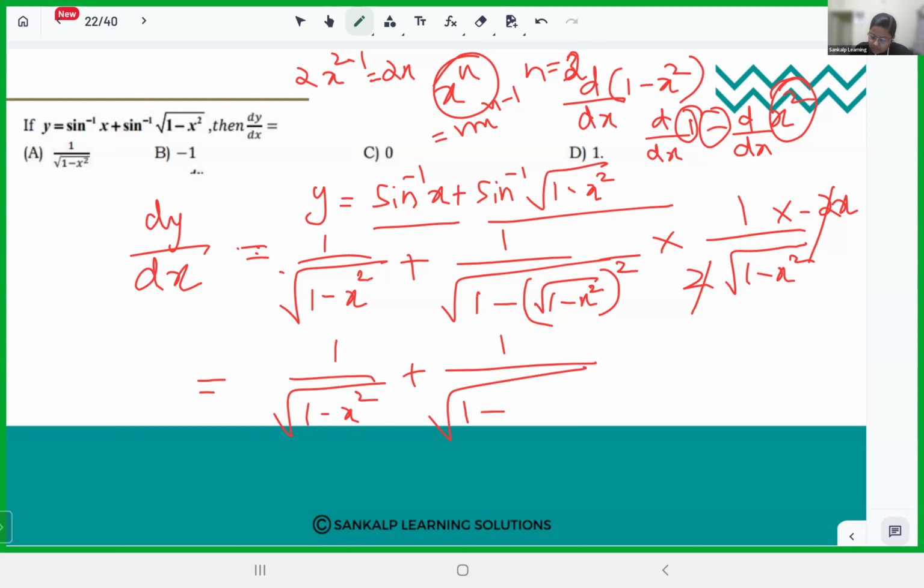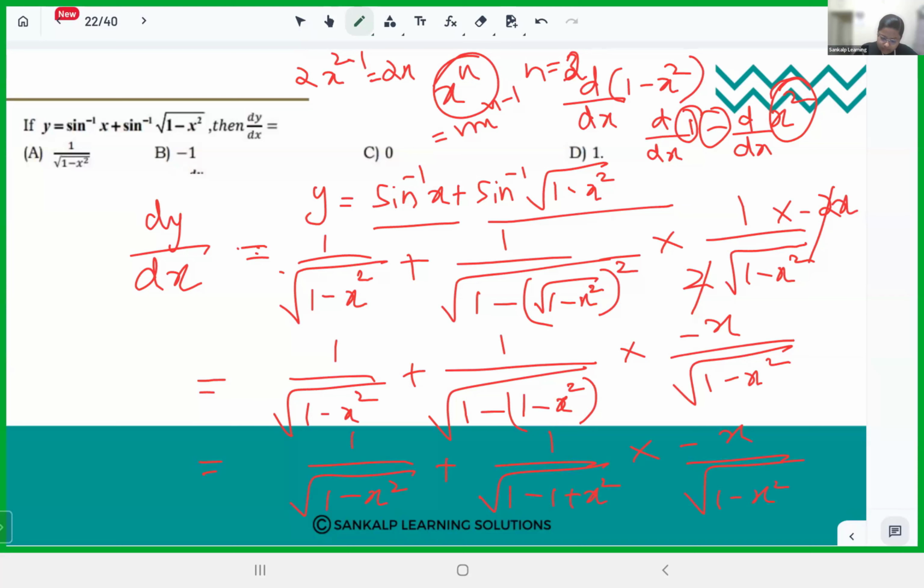So this will become 1 minus x square, into minus x by root of 1 minus x square.